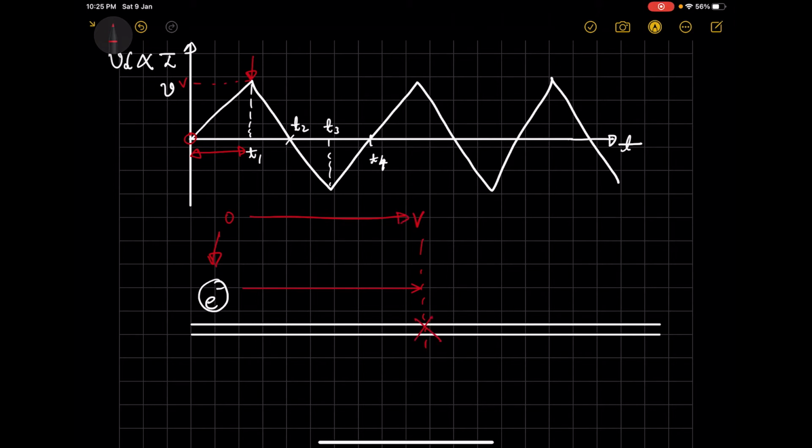If you see the waveform carefully, this distance is equal to this distance. So what it means is the distance traveled by the electrons in time 0 to t1 is the same as the distance traveled by the electrons in time t1 to t2.